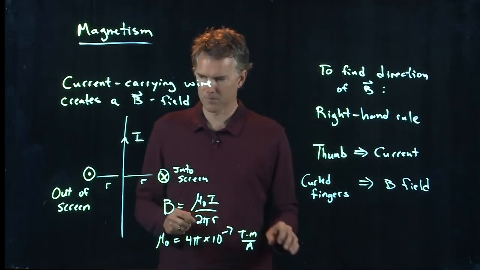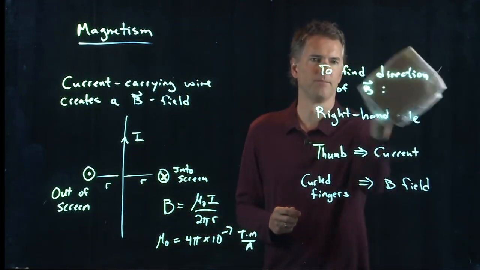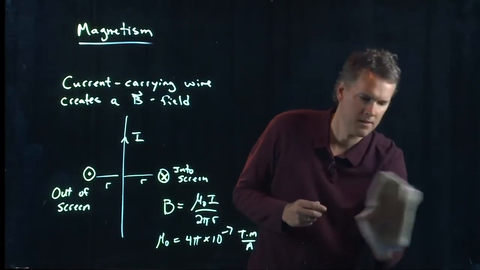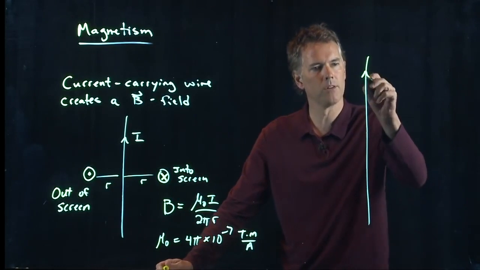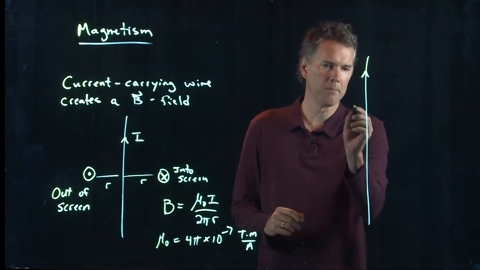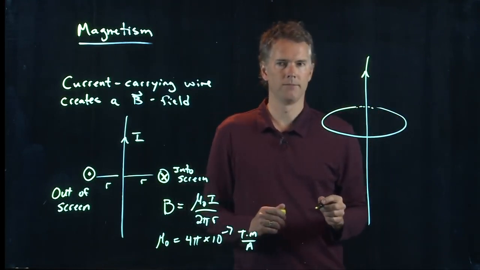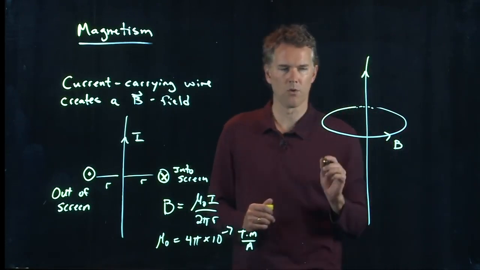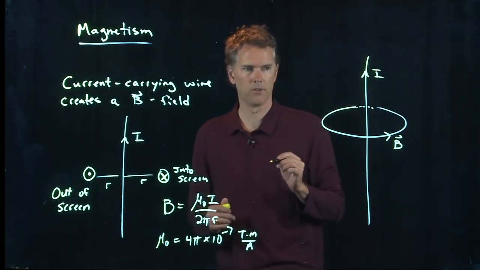Okay, so if this is the magnetic field of a wire, then it makes circles. Okay, so if I think about drawing a magnetic field loop, it looks like that. And anywhere on this circle, you can draw B, given by the direction I of the current.